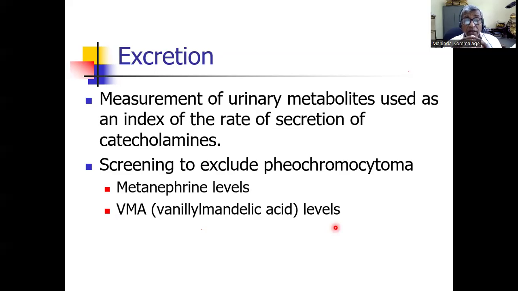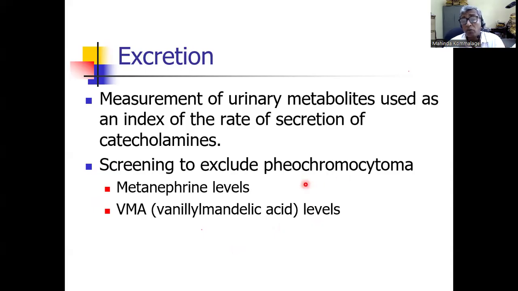These hormones, adrenaline and noradrenaline, are metabolized, and the metabolites are secreted through the urine, right? There are two metabolite products, methylepinephrine and vanillyl mandelic acid, right? If you want to see whether we produce a high level of adrenaline, we measure these two levels in the urine.